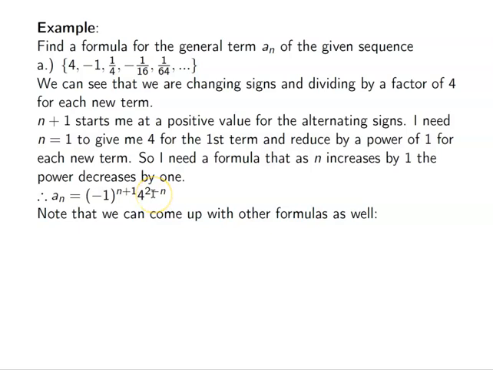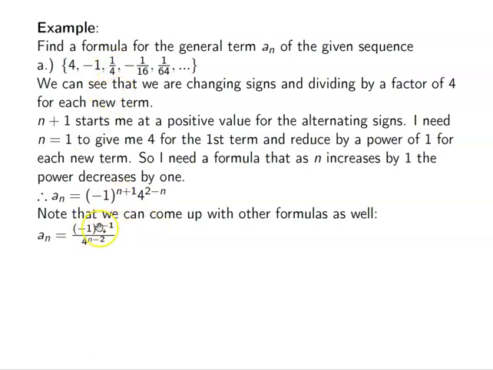I can write this a different way, okay? If I want to write it in terms of thinking of dividing by 4 instead of powers of 4, I can write it as 4 to the n minus 2 power. So that when I plug in 1, I have a negative power, which makes this 4 go to the numerator position. When I plug in 2, it's just 0, so that's the 1. And then when it's 3, it's a positive power on the bottom, so that's 1/4, and so forth and so forth.